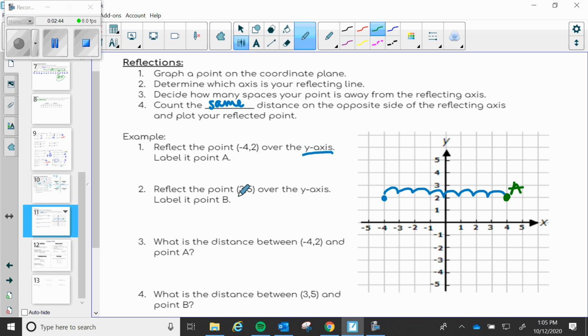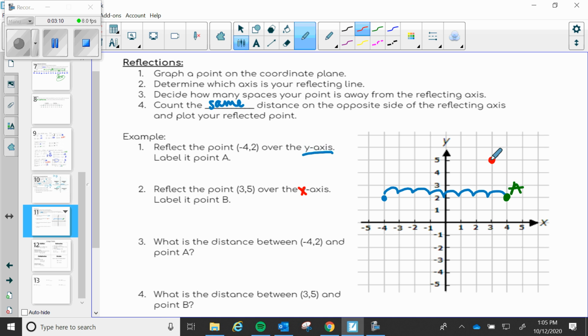So now let's just do example 2. We'll use some new colors. Use red. So reflect the point 3, 5 over the y-axis. Actually, let's do the x-axis. 3, 5. So let's go over 1, 2, 3, and then up 1, 2, 3, 4, 5.